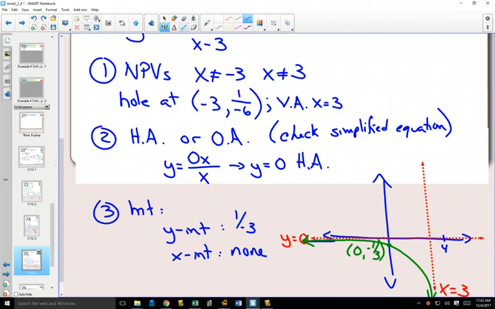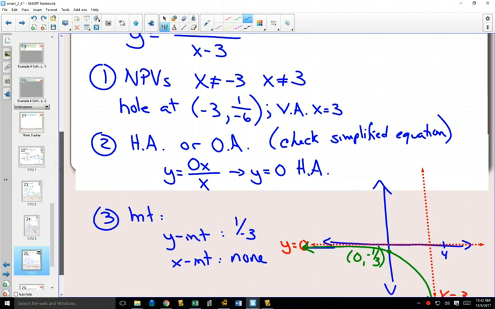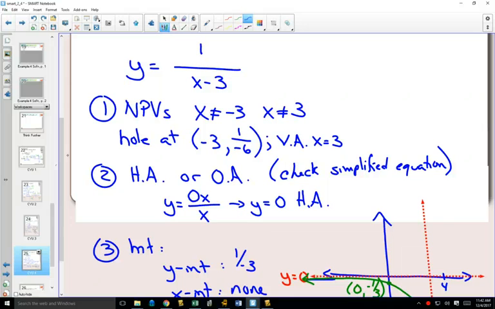So if we plug in 4, again, we're graphing the simplified version. So the simplified version is 1 over x minus 3. Can you see that if you plug in 4 for x, you will get 1 over 1. So we have the point 4, 1.